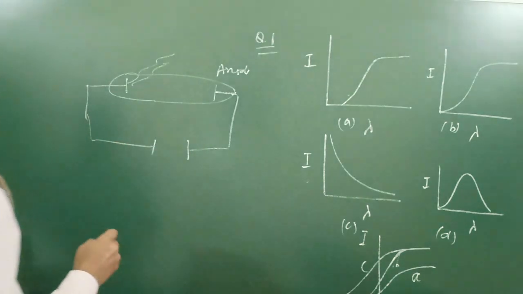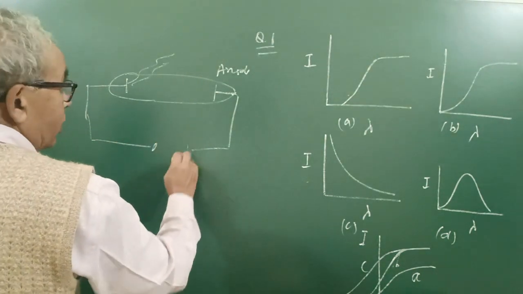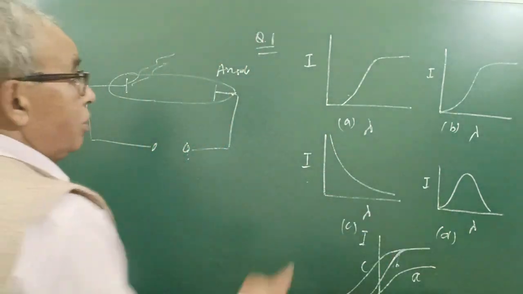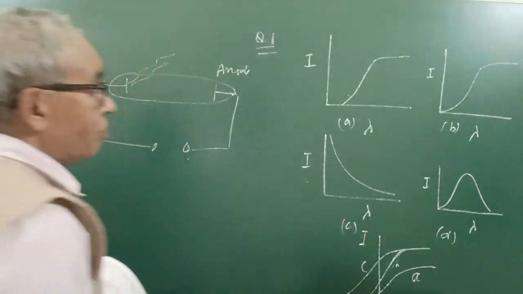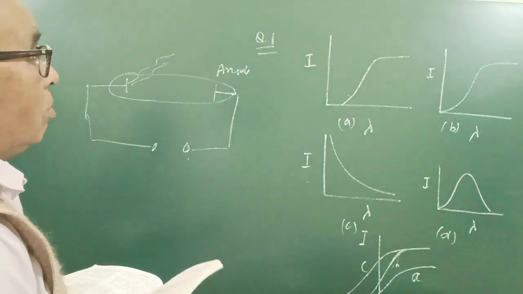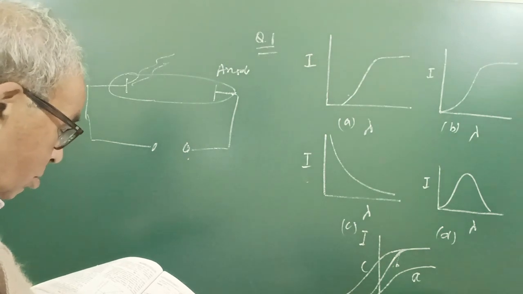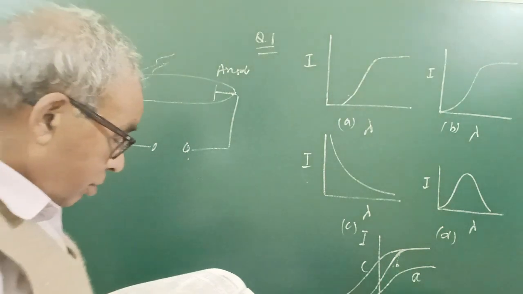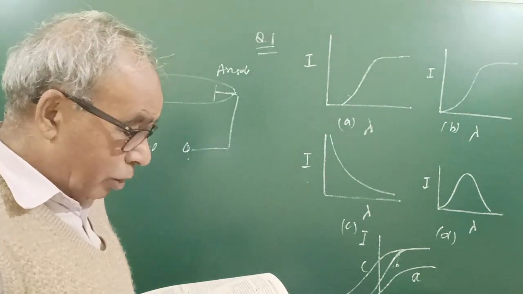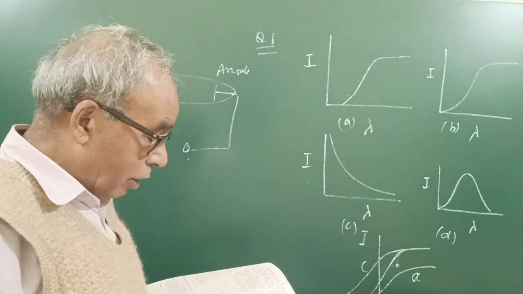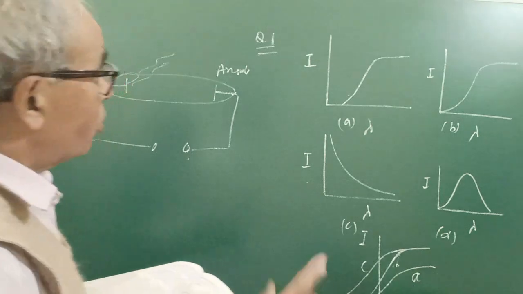But the wavelength of radiation is changed, increased. Anode voltage of photocell kept fixed. The wavelength of light falling on cathode is gradually changed, not increased.